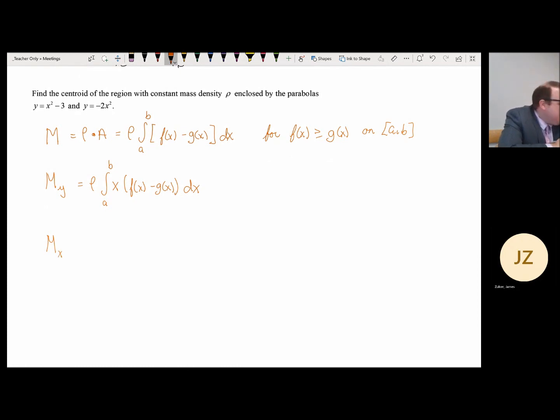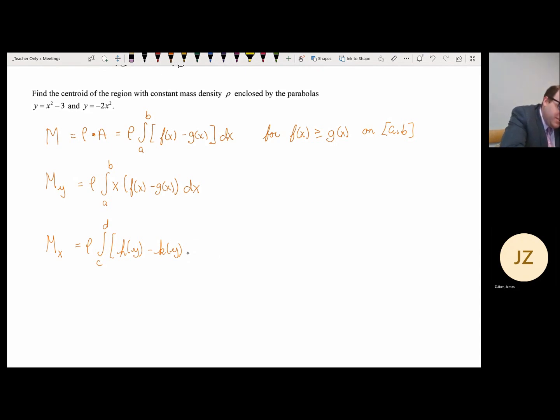X moment. You have to rewrite each of your curves as functions of y.